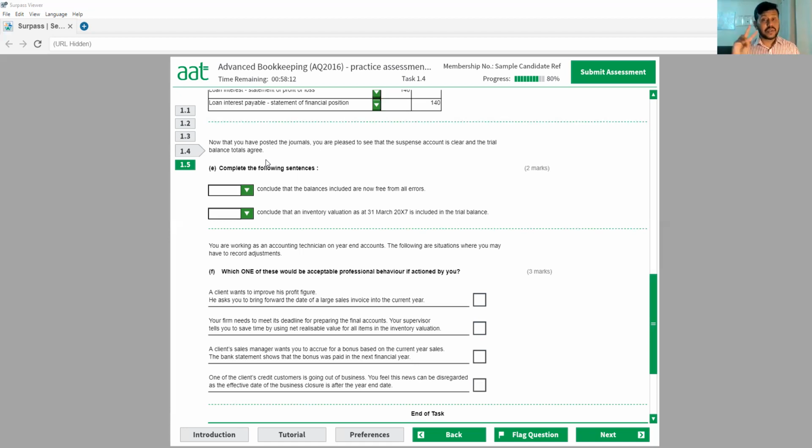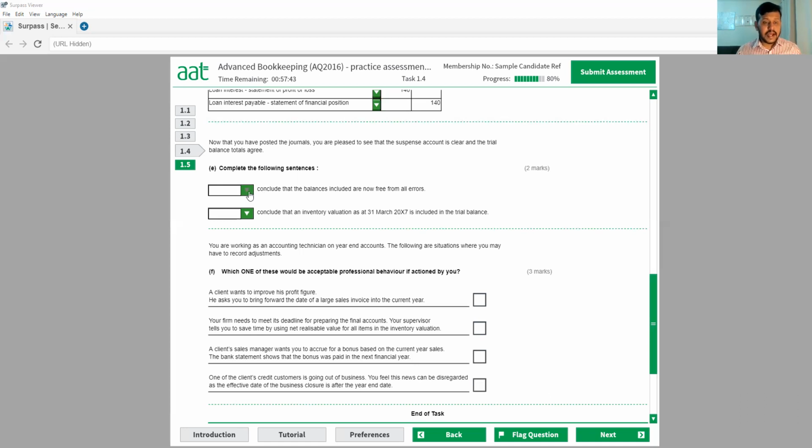One will create the suspense account because the trial balance will be imbalanced. Another one, even though there is an error, the trial balance will still match. For example, error of original entry, error of commission, error of omission, error of reversal, compensating error. This sort of error, even though there is an error, the trial balance will still match.